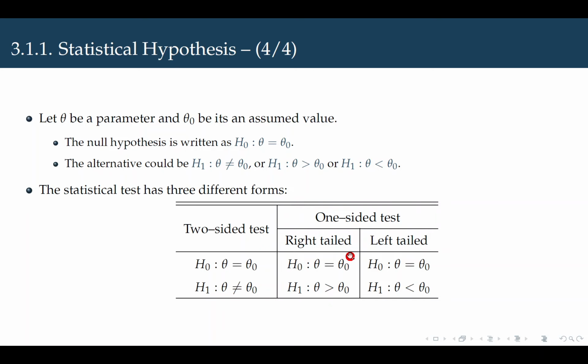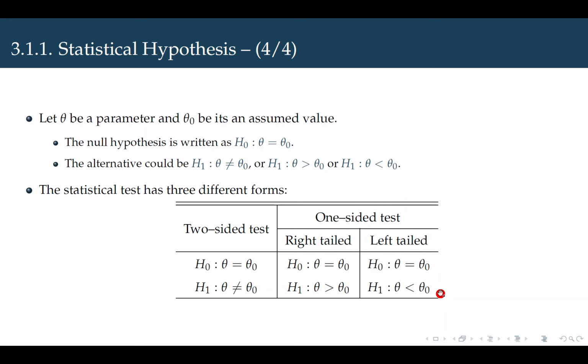So this is said to be right-tailed or right-sided test, and it is one-sided test. And on the left-tailed or left-sided test, the null hypothesis is going to be written in the same way as theta equals theta naught. And the alternative H1 should be written like theta is less than theta naught. And here we are particularly interested whether the population parameter theta is less than theta naught or not. So this is also a one-sided test.